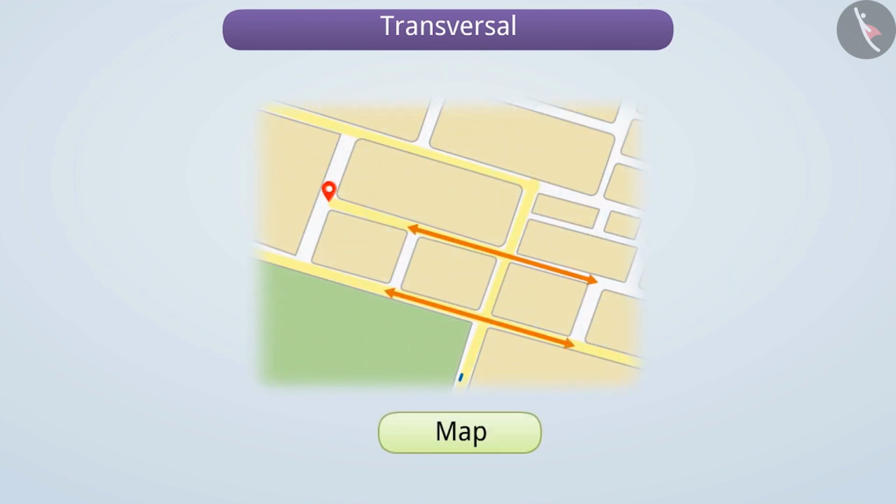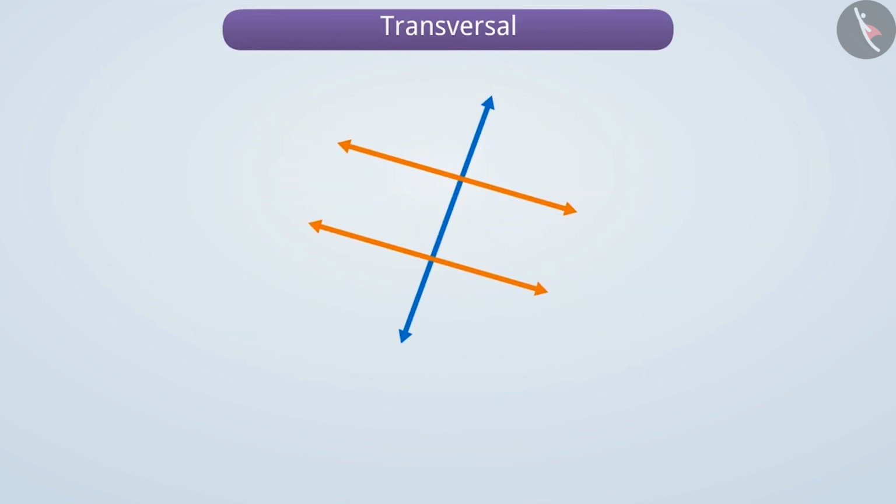Just like a road intersects two roads, we can see a transversal in the form of the road which is intersecting. When a transversal intersects two lines, then a total of 8 angles are formed. Today we will understand the angles formed by a transversal. Let us begin.